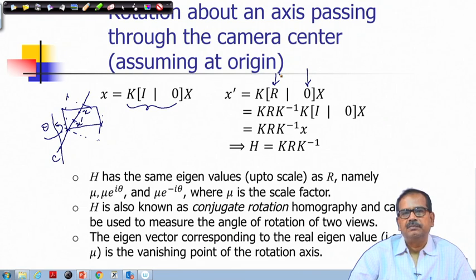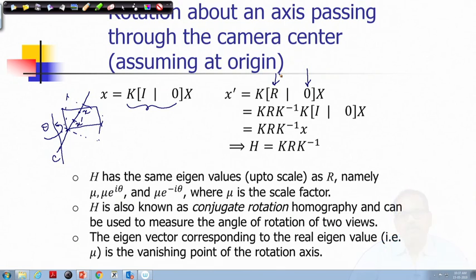This R is a matrix which denotes the transformation due to the rotation about this vertical axis by theta. So, I can write the projection matrix of the second position as K R 0.